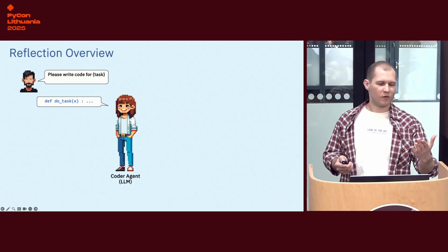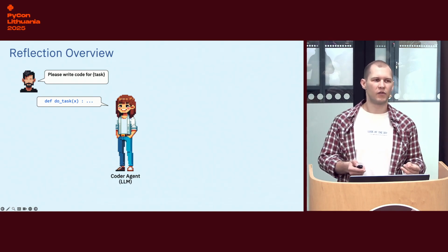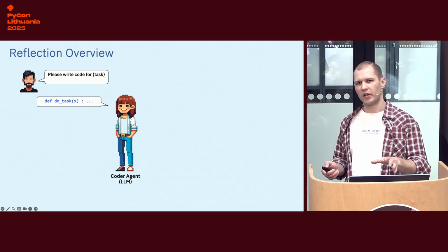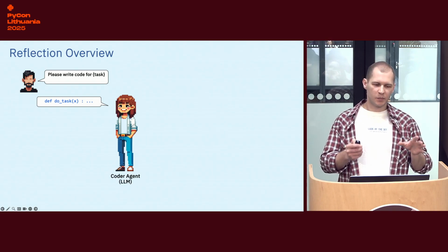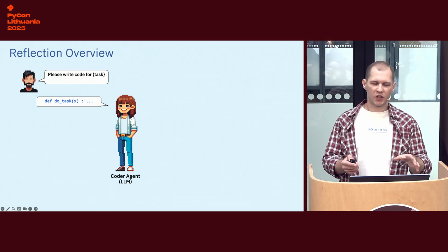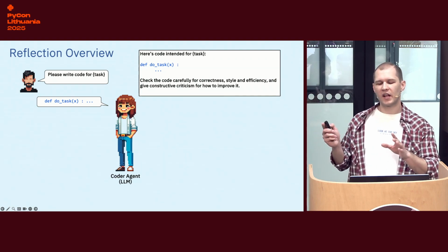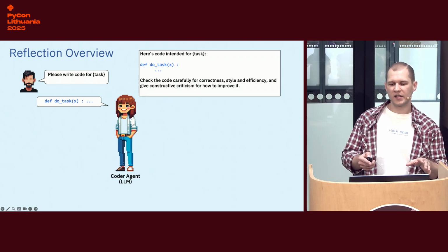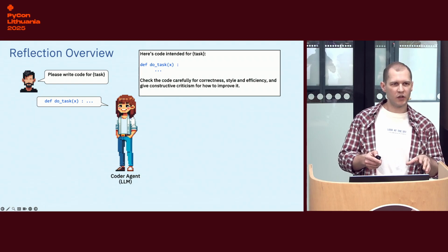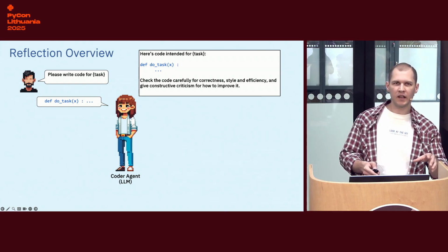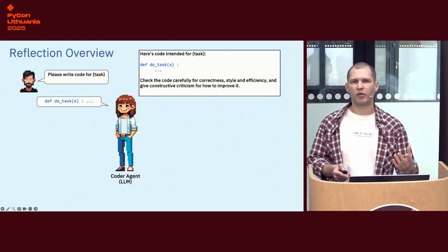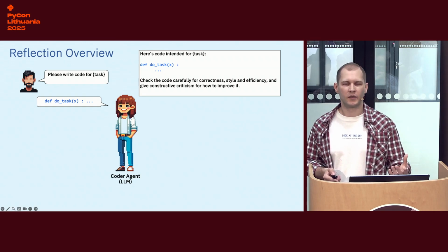But the idea behind the reflection pattern is that we don't stop here. We take the response that was generated by the agent and we put it in a prompt, which sounds something like, okay, now check this answer that you generated, review it, critique it, and suggest any kind of improvements if there are any.